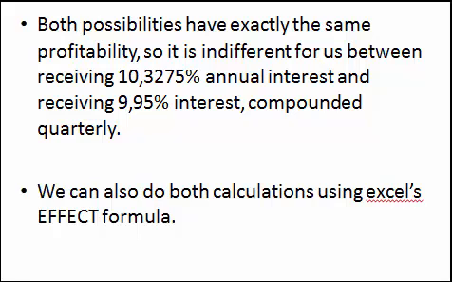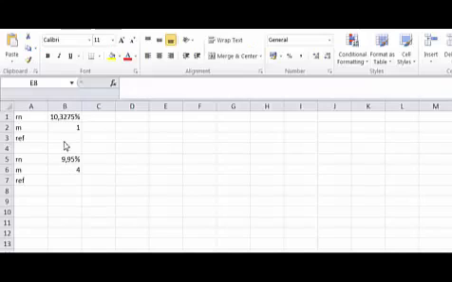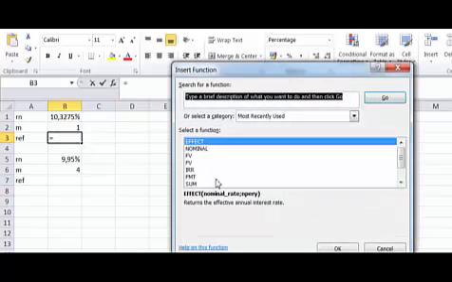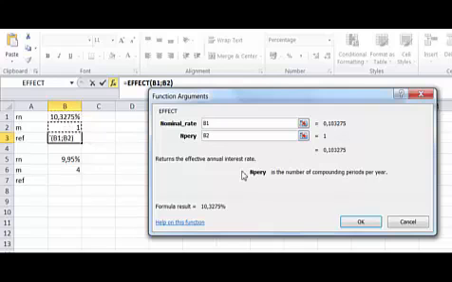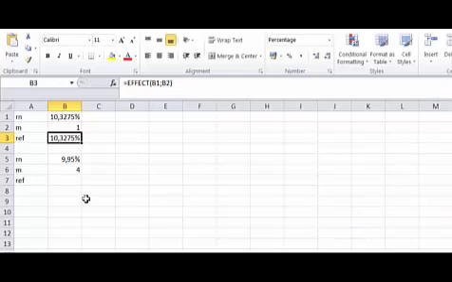Let's have a look. So in Excel file, we are looking for effect formula. Our nominal rate is 10.3275%, while number of capitalizations is 1. As we see, in this case, our effective interest rate equals nominal interest rate.